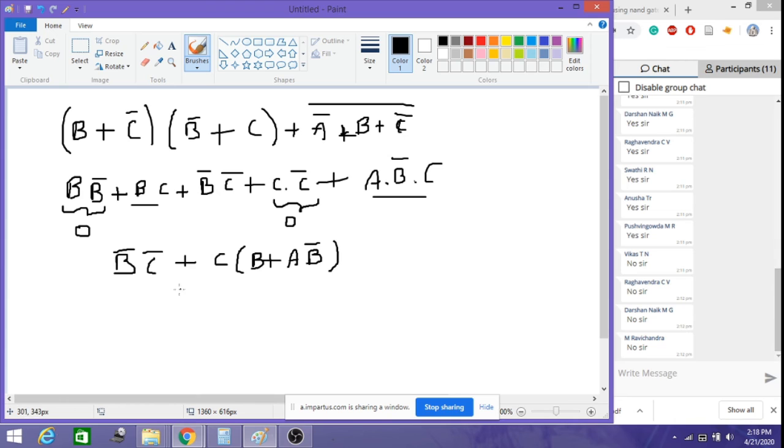So from the theorem, we can write this as B plus A into B plus B bar.